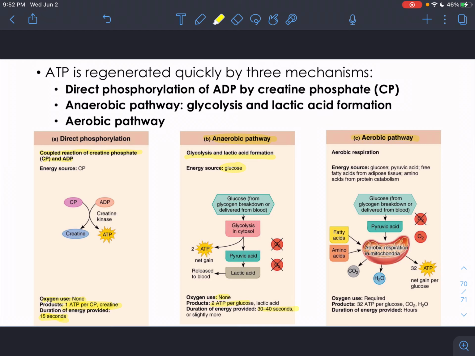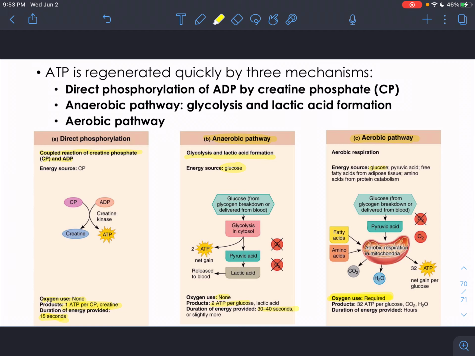And then finally, the aerobic pathway uses oxygen. Aerobic means it needs oxygen. It gets energy from glucose, pyruvic acid, free fatty acids from adipose tissue, amino acids, a whole bunch of different things.